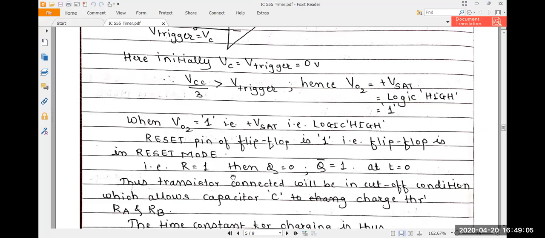And remember, we are considering this at t equal to 0. Initially, the voltage across the capacitor is 0. That is what we are considering. So at t equal to 0, this is happening.